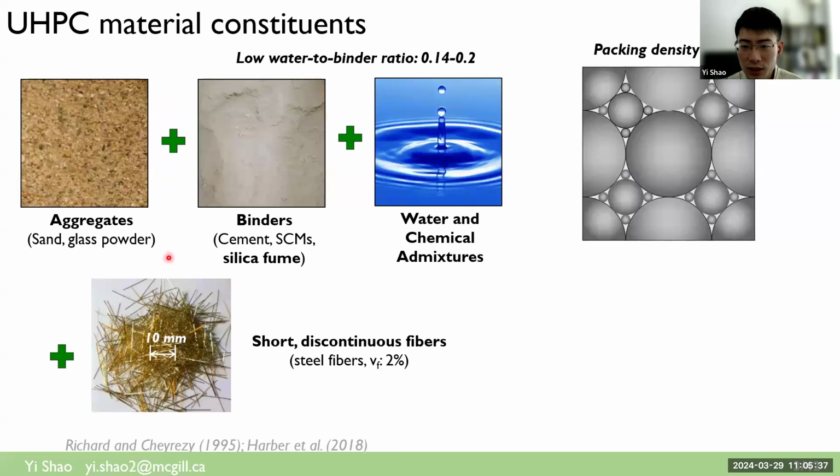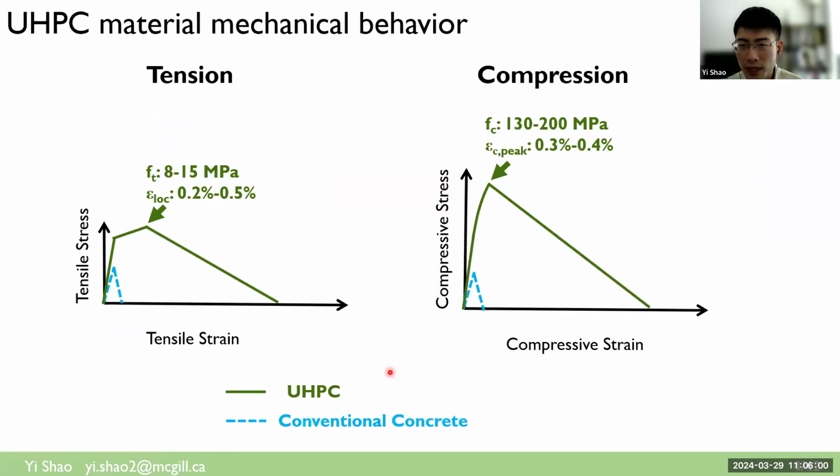And also in UHPC material, people typically add short discontinuous fibers, typically steel fibers with a fiber volume of around 2%. That's typical in current engineering applications. These short fibers bring very high material toughness, or material ductility, to UHPC.